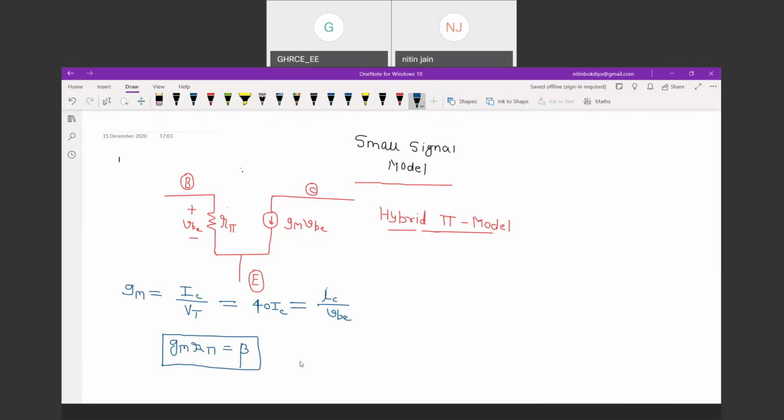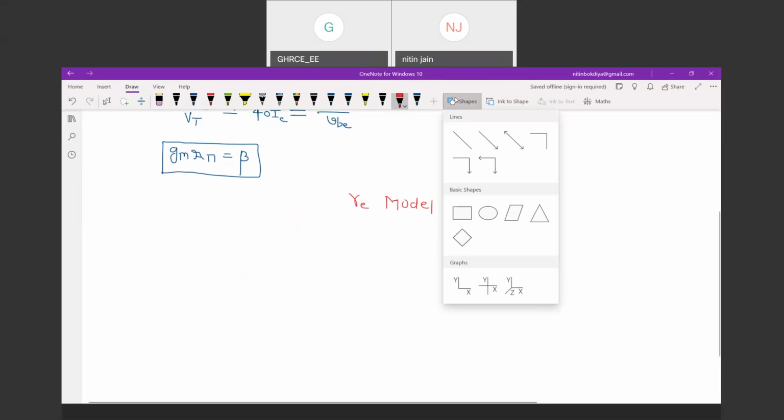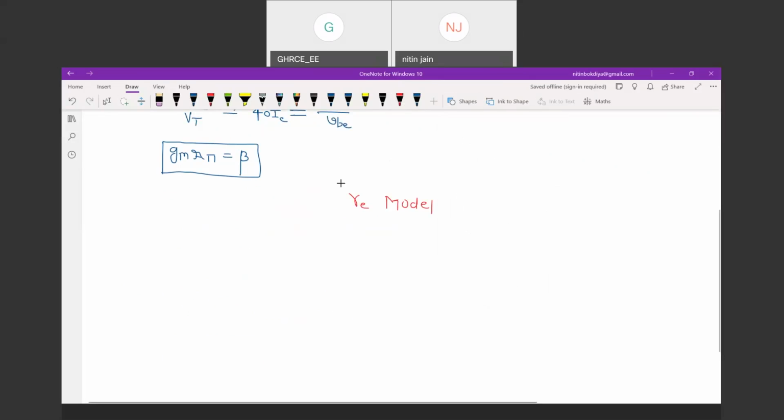And one more model for this analysis is known as the RE model. The next model is the RE model.